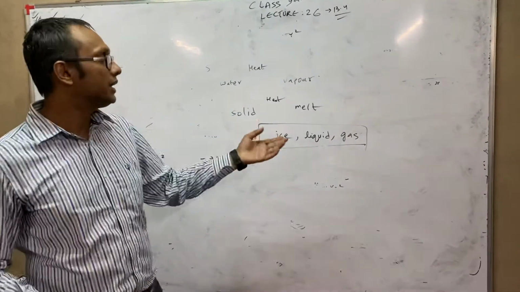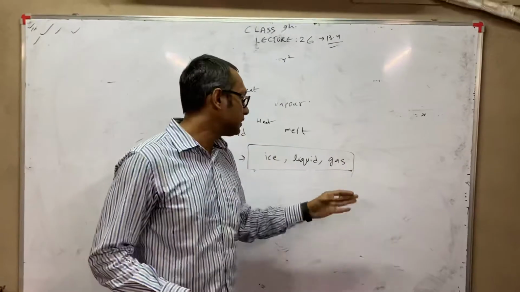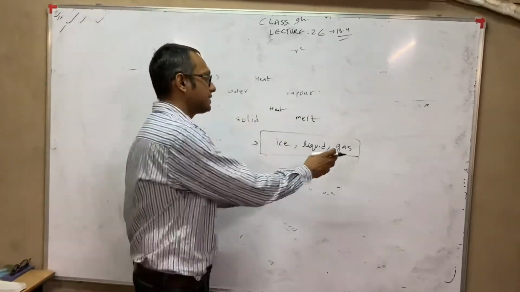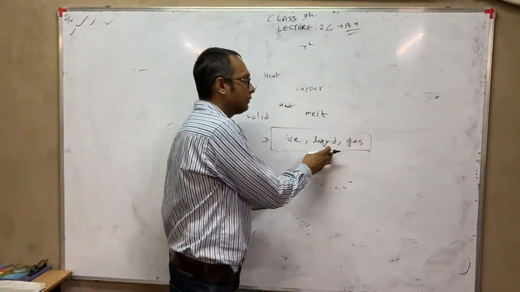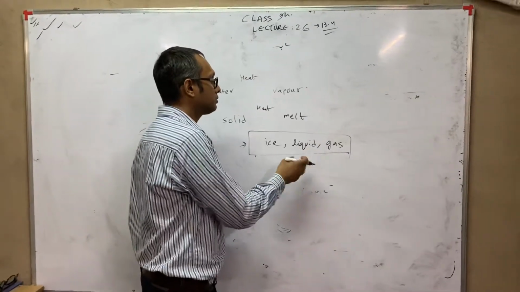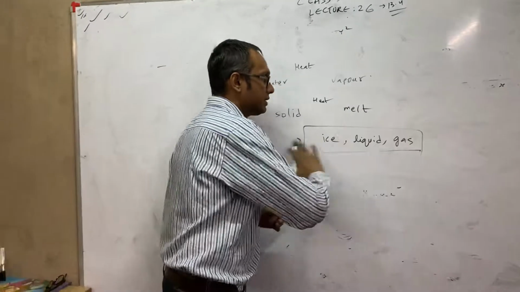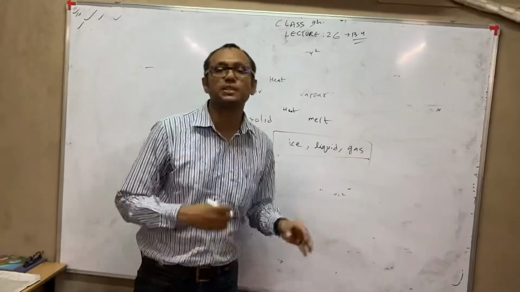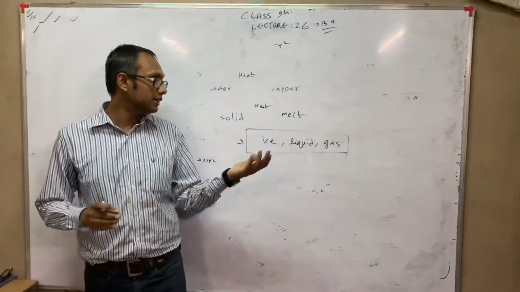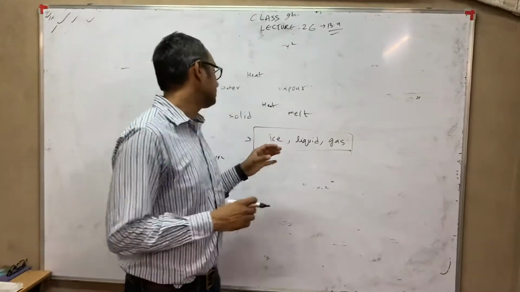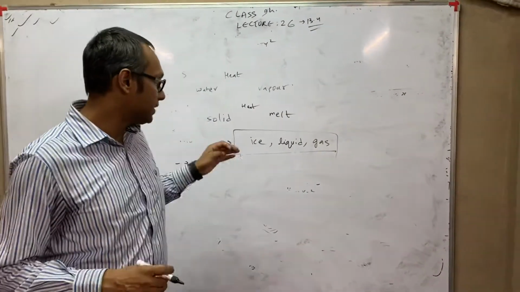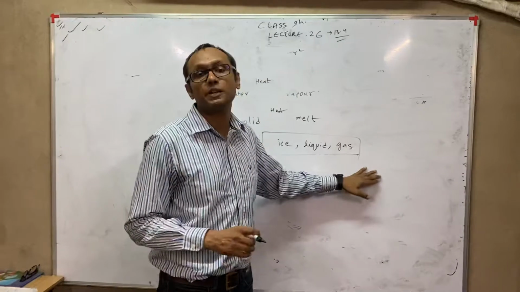If we give it more heat, it will turn to gas. Similarly, if we go reverse, gases, if we condense, we get liquid, and liquid, if we give it more cooling, it becomes ice. So for water, the 3 stages we are able to interchange, but this is not valid in all the materials. Depending on the materials, in some materials you will get this, in some materials you will not get this.